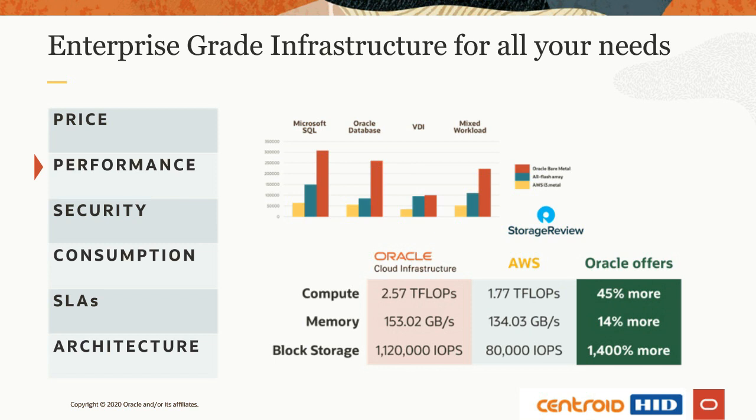Now, this is important not just for the sake of bits and bytes, but again, if you're planning on running your enterprise workloads that are responsible for your business operation, you want to make sure that you're getting the performance that you need for your back-end mission-critical applications, and that it's consistent.